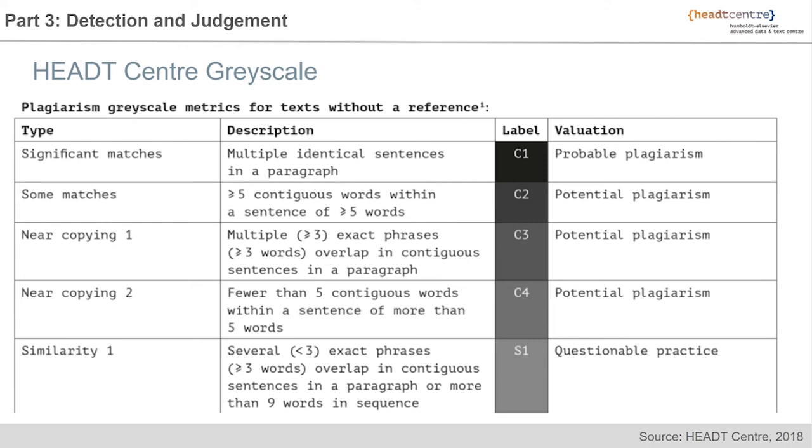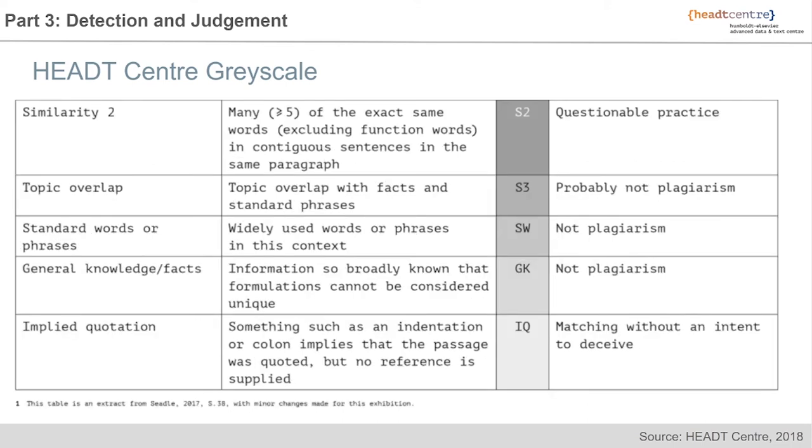And it ranges from something that is really potential plagiarism, fairly serious, to questionable practices, and maybe even not plagiarism. Something like standard words or phrases, definitely not plagiarism. General knowledge, and sometimes there is a mistake on what actually was intended as an implied quotation.